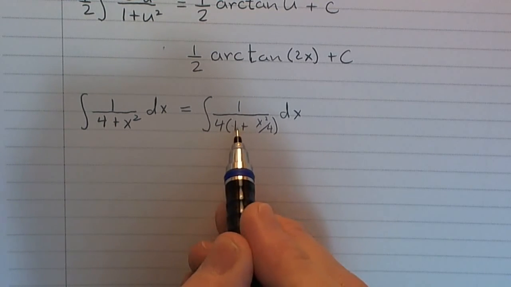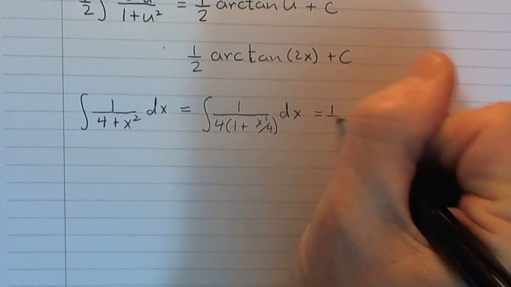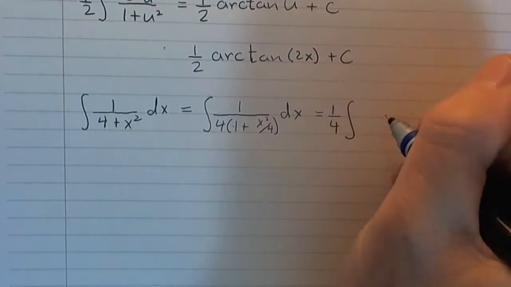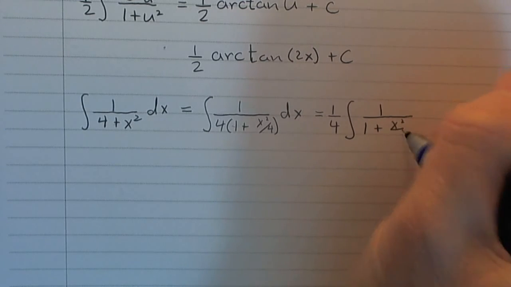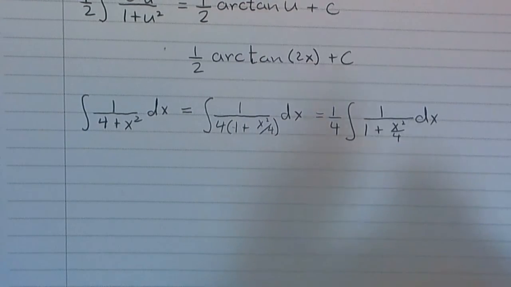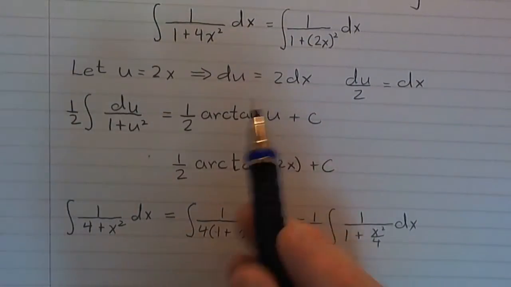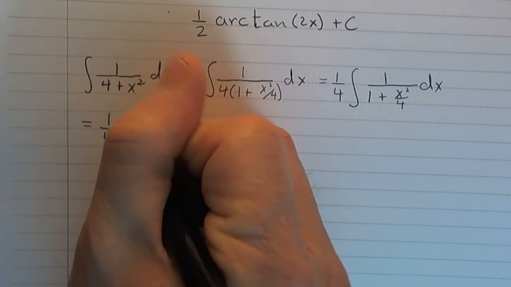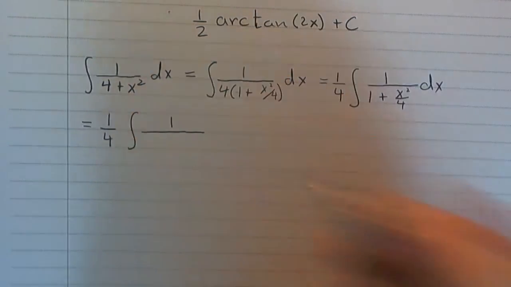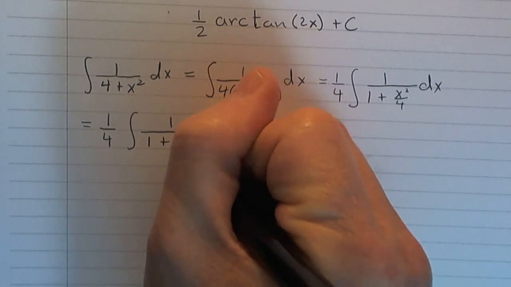Now, I like the way this looks, 1 plus x squared over 4. And notice I can go ahead and factor out that 1/4. And now I've got 1 over 1 plus x squared over 4. Now, we want to use the same technique we used up here for this one. Because what I have now is 1/4, the integral of 1 over 1 plus (x over 2) squared.